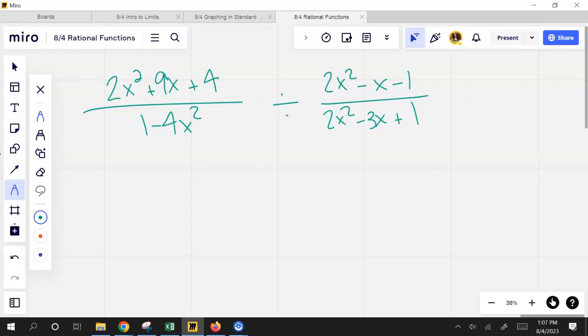Division is multiplication. You just have to flip it over. Butterfly, just butterfly it. You're gonna have everybody so confused on their test. I can't remember how to butterfly this. Am I supposed to butterfly on this one?